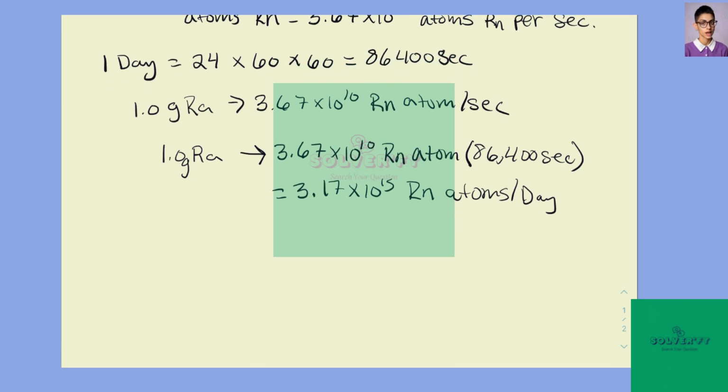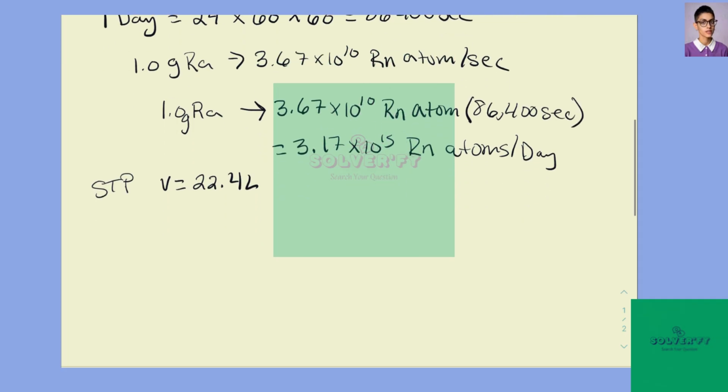And then at standard temperature and pressure, we know that the volume of 1 mole of atoms of any substance is going to be equal to 22.4 liters. That's based on Avogadro's hypothesis. So to get the volume of our radon, we're going to take 22.4 liters.